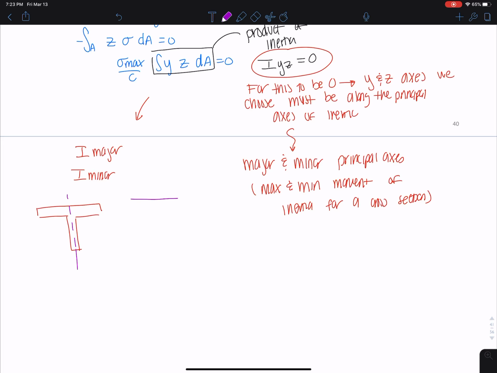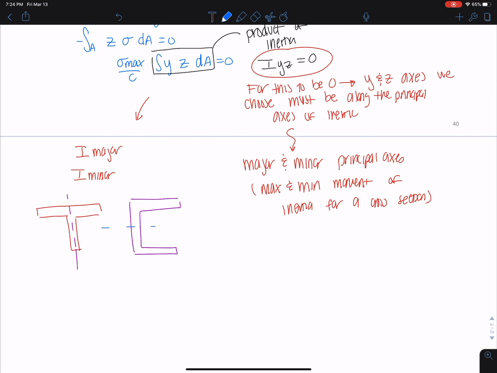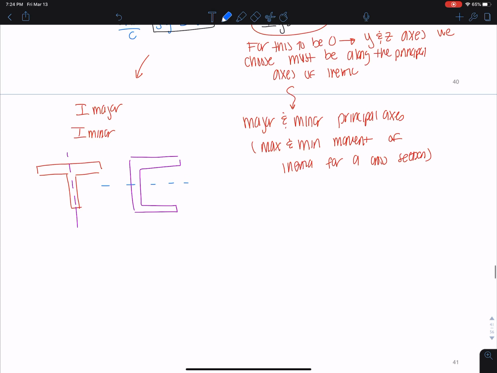Or a channel section has at least this one axis of symmetry, okay? So here, this is a rule. So for us, the principal axes are always parallel.